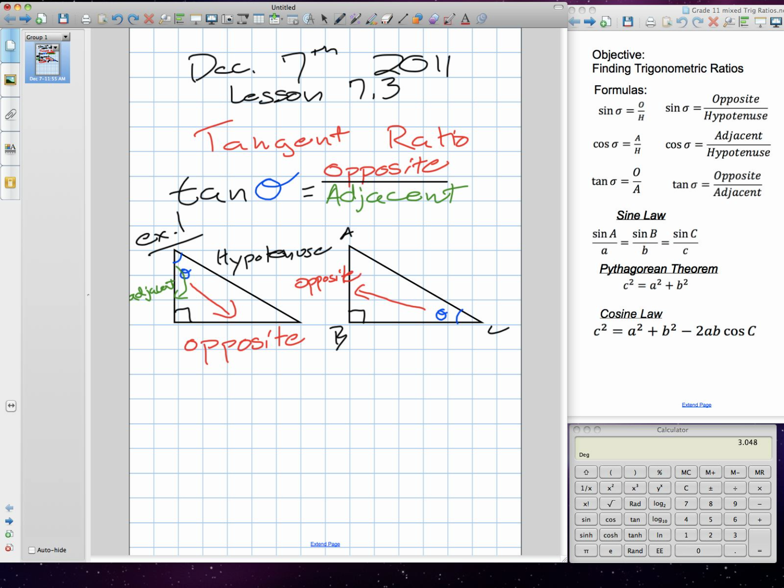You guys need to be able to recognize that in order to set up this question. Which means the adjacent is our BC, good. It's the side touching the angle that's not the hypotenuse. Which means, again, opposite of the right angle is our hypotenuse.